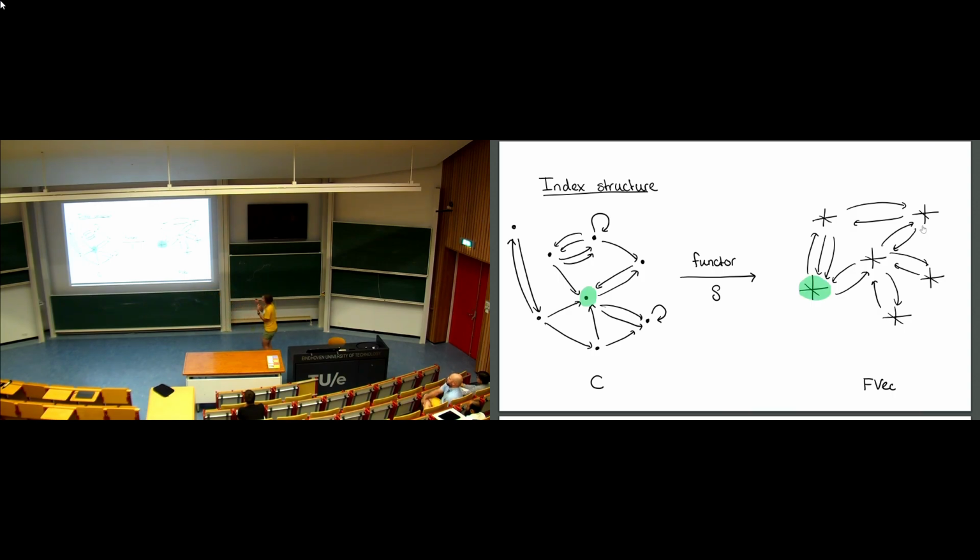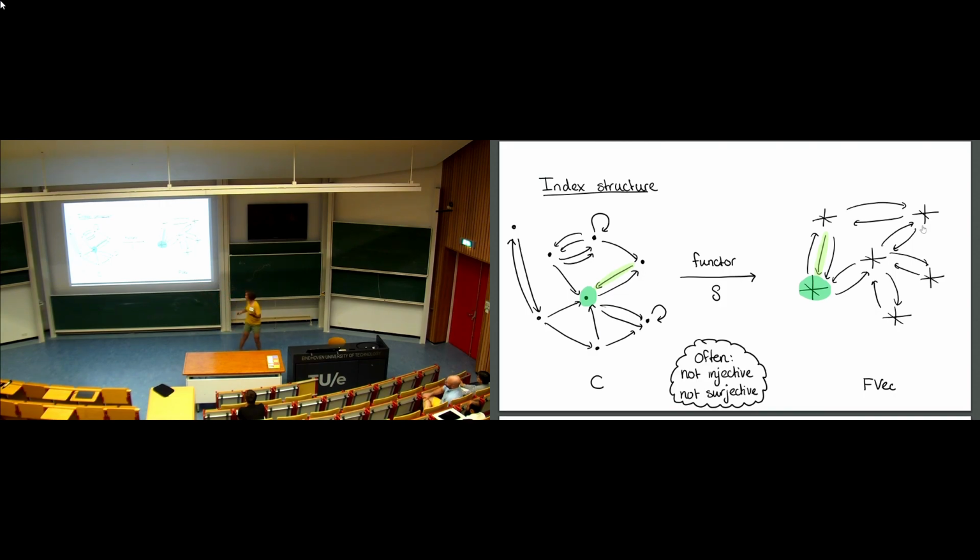What such a functor does is it picks an element in that category and maps it to a vector space. In this way, we can pick vector spaces that we want. And it maps the arrows that we define there to the linear maps we are going to use to go from one level to the other.